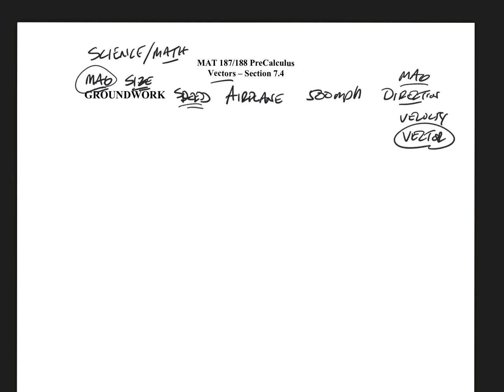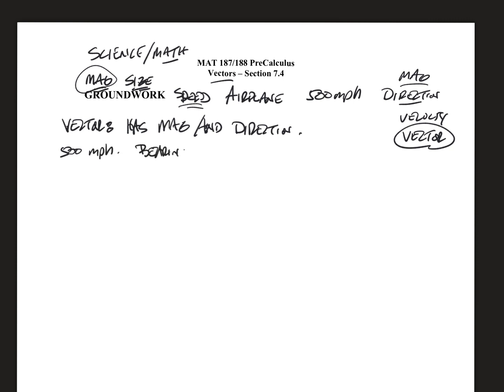So a vector, by definition, has both magnitude and direction. All right, so thinking of the airplane, things would be very different if I told you that it was traveling at 500 miles per hour at a bearing of 60 degrees.